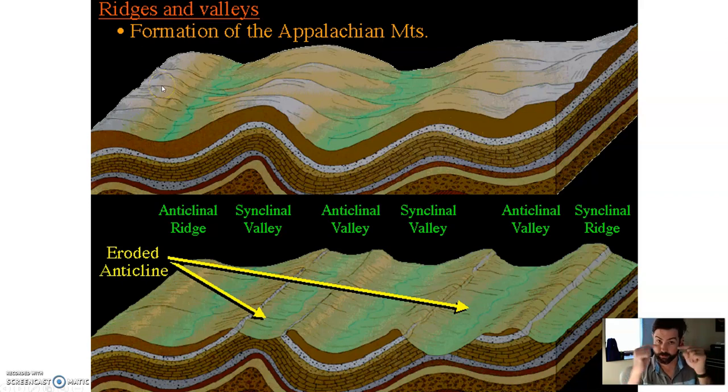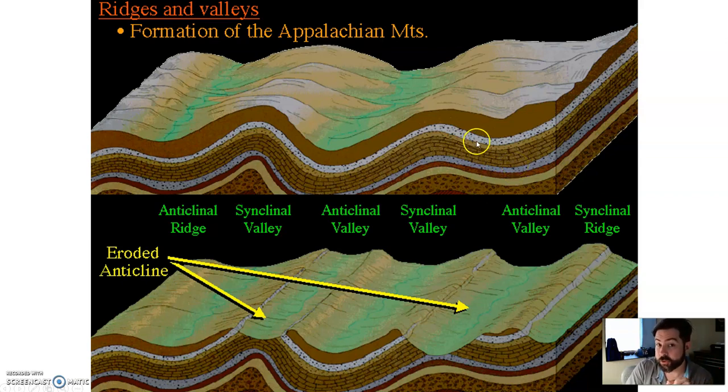And so that compressional force, remember all folds, compressional force, kind of folded up where the Appalachian Mountains are now. I will say this, not all mountains are formed this way. Not all mountains are anticlines, synclines, folds. No, that's not the case. That's not the case at all. All right, so get that out of your head. It just so happens the Appalachian Mountains are.